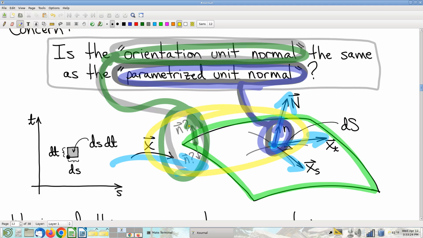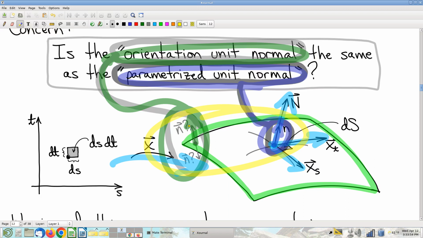They're completely unrelated. The surface came with an orientation. Did I think about that when I parameterized the surface? No, not at all. I was just looking at the equation for the surface. That's how we parameterize the surface. I wasn't specifically thinking that I wanted to parameterize in a certain direction, nor is it really immediately clear what that would even mean as I'm talking about the parameterization itself.